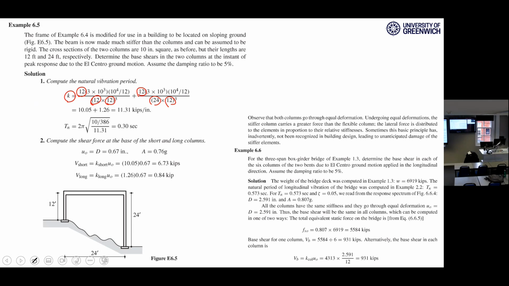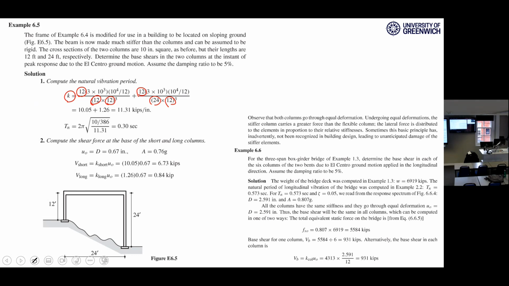So you can imagine for the stiffness, you have L cubed in the denominator, right? If you have 12 inch or 24 inch, which one has more stiffness? 12, this one, because 12 is in the denominator, here 24 is in the denominator. The difference is 8 times, because you have cubic here. When the height of your two columns differ by 2, cubed means 8.